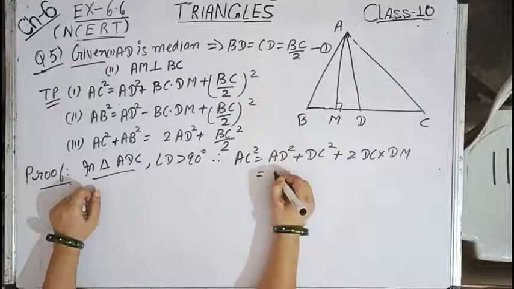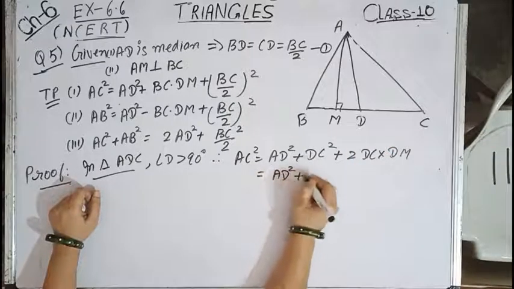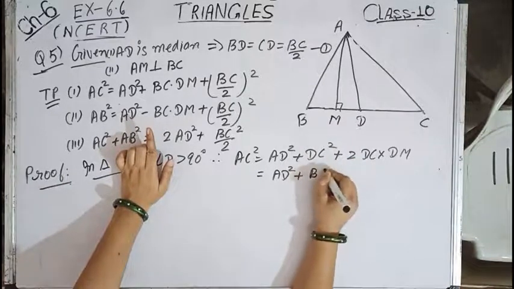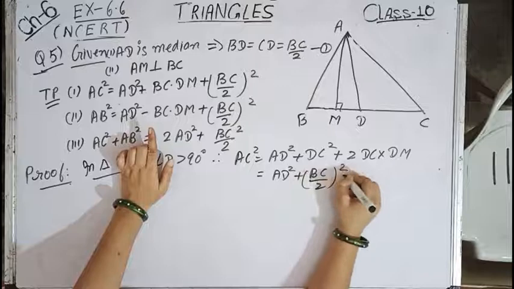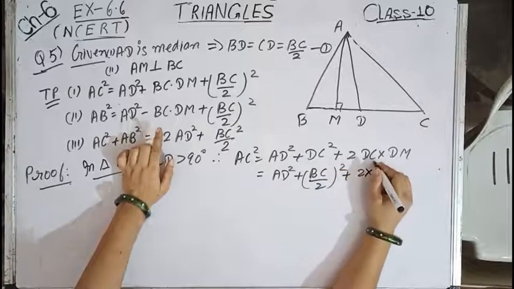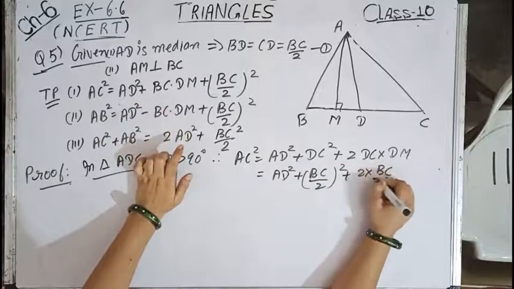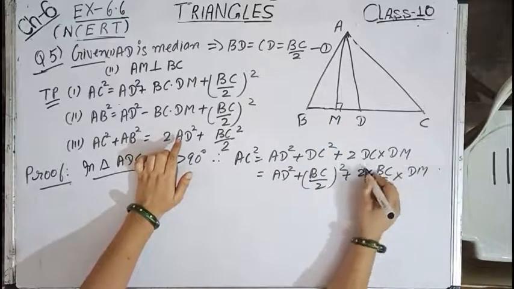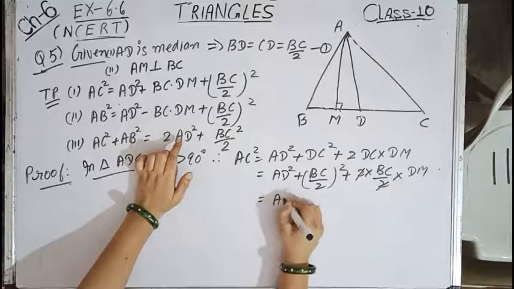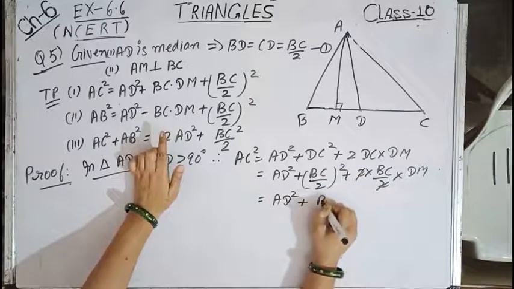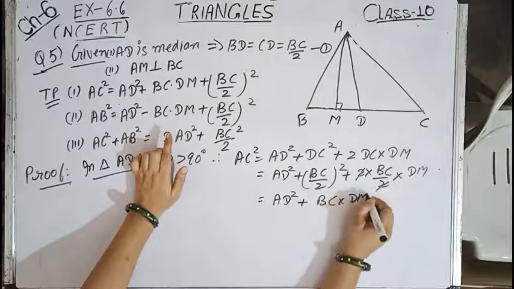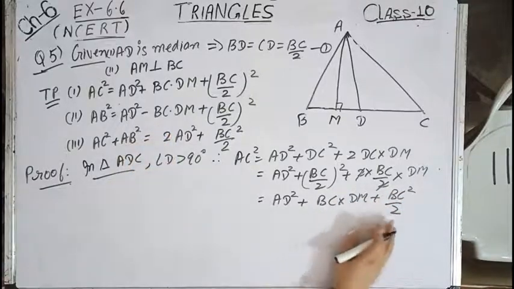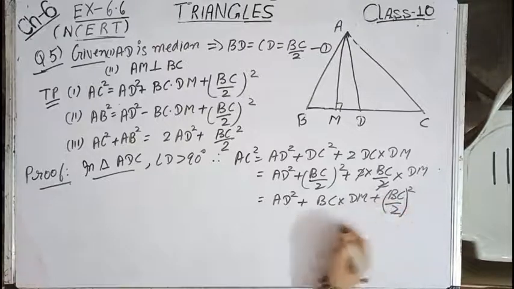Now AD square is needed, but DC is not needed, so we will write DC as (BC by 2) whole square plus 2 into BC by 2 and DM. So we have got the result AD square plus BC into DM plus (BC by 2) whole square.